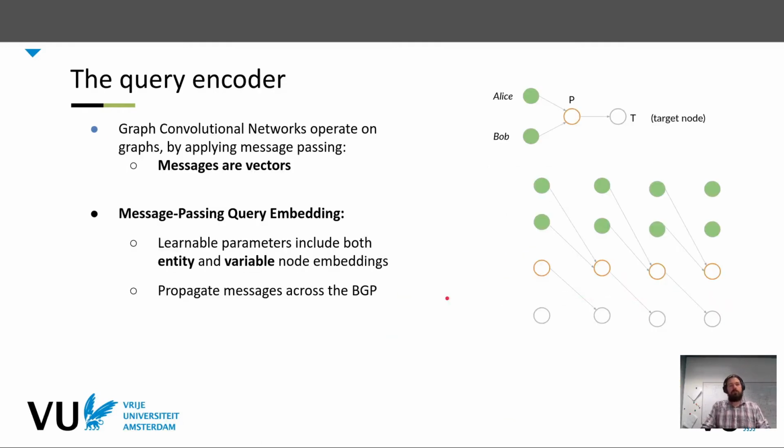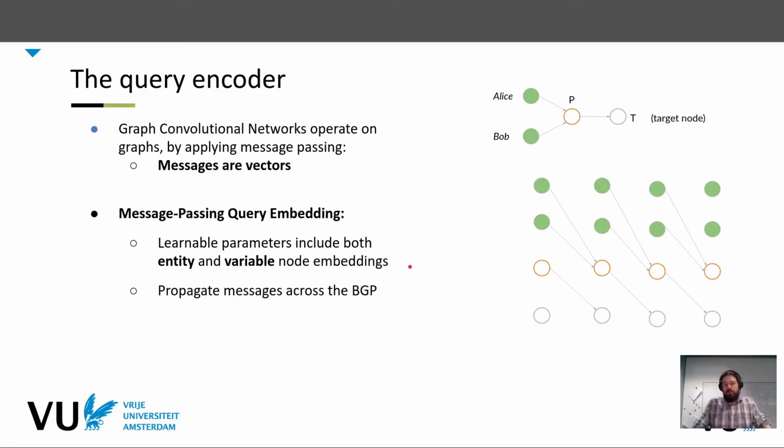Okay, so how does this query encoder work? Basically, they are graph convolutional networks, or actually relational graph convolutional networks, because these edges are typed. And they are passing on messages. We saw this before: we had these states of the vectors in the nodes, also called messages, and they pass messages through the network.